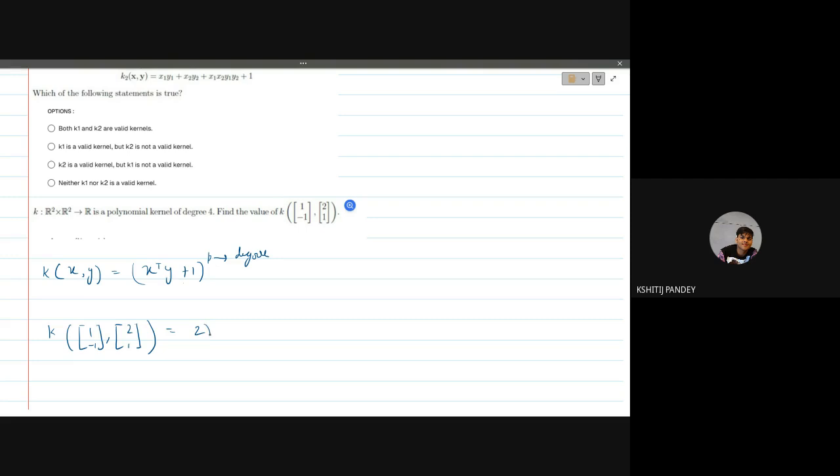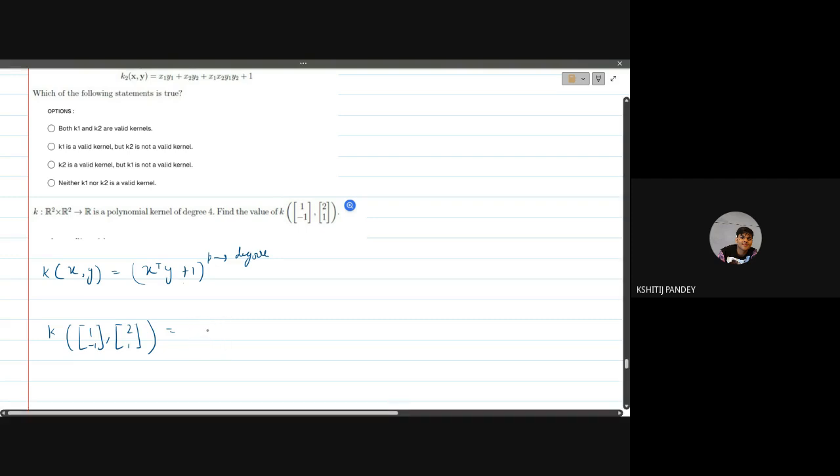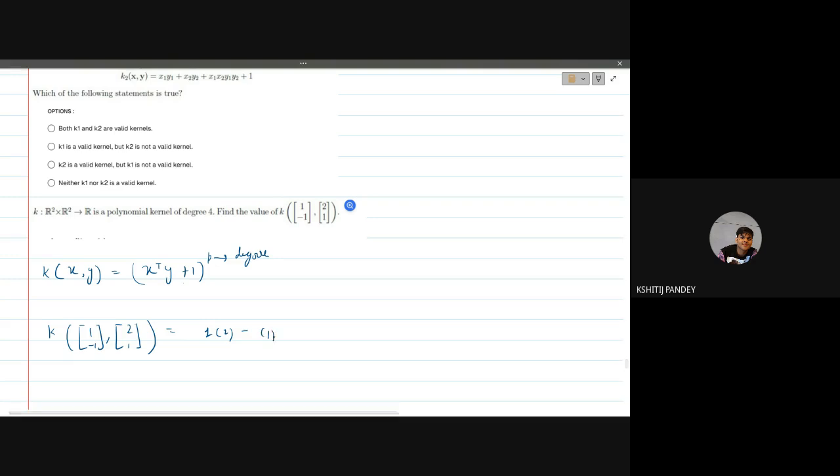So I'll write it: 1 into 2 minus 1 into 1, plus 1, and this whole raised to the power 4. So this right here is 2, 2 minus 1 is 1, and plus 1. So this is 2, and 2 raised to the power 4 is equal to 16. Is this clear to you all?